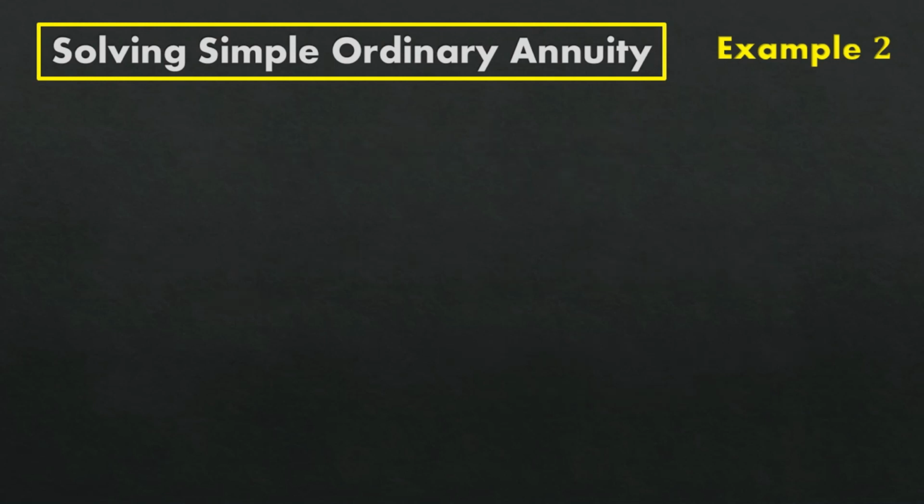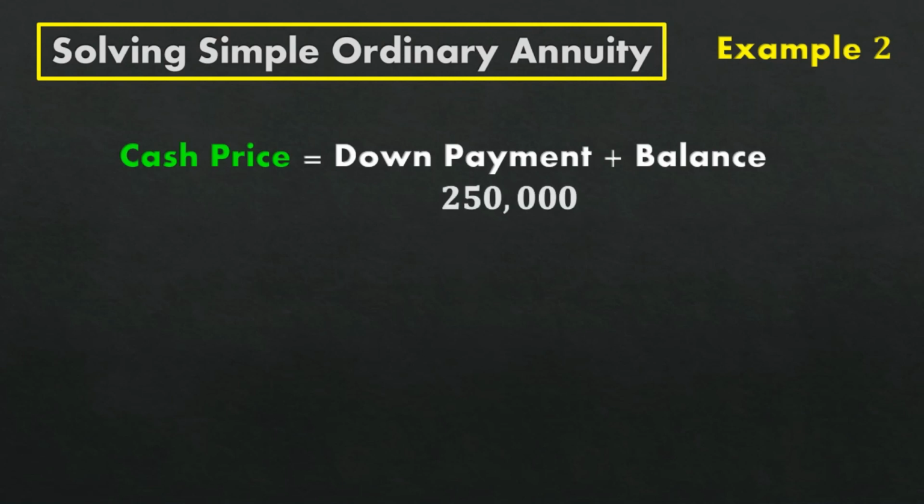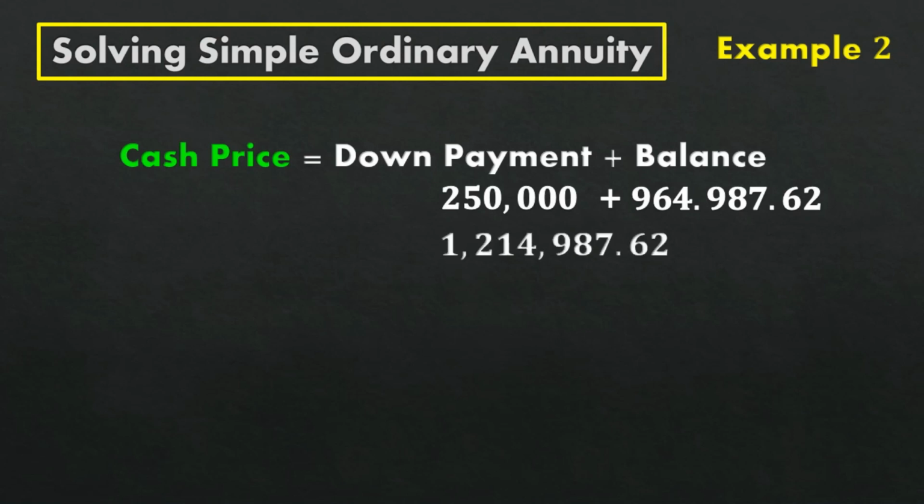That will be 250,000 plus 964,987.62, and the total amount of the car will be 1,214,987.62. So this means the car Mrs. Batanes bought is priced at 1,214,987.62.